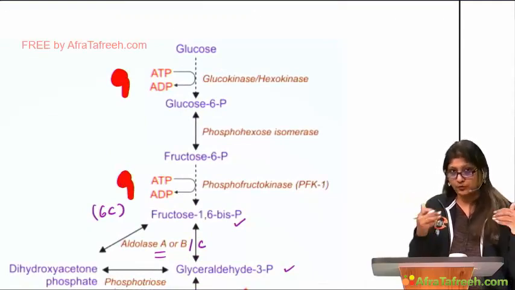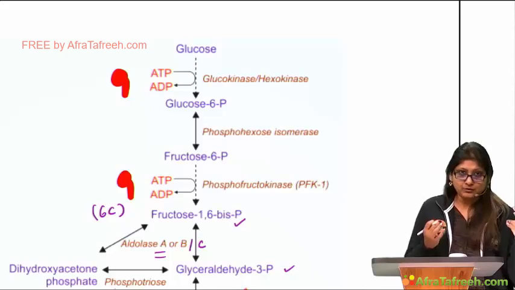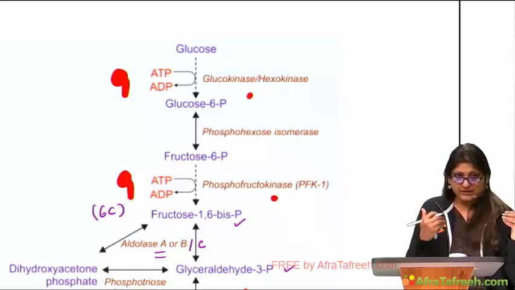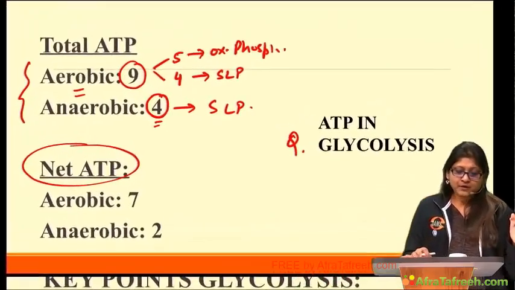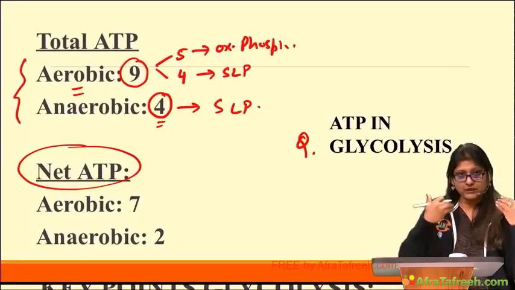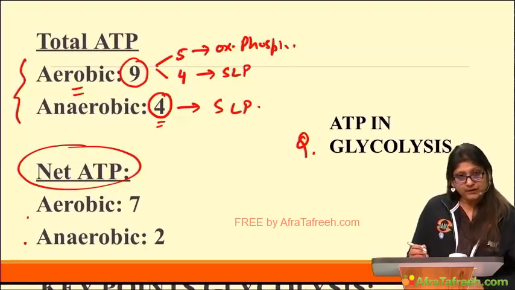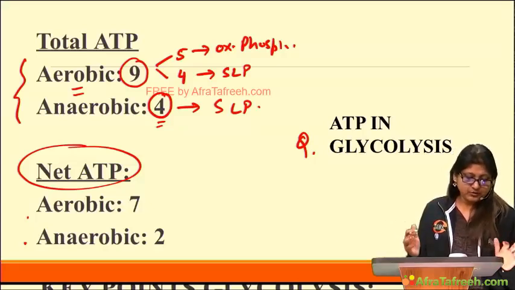So you must know where the ATP is utilized. It is glucokinase or hexokinase, and number 2, it is the phosphofructokinase 1 step. So 1 ATP is utilized at each of these steps. So whenever we are calculating the ATP number, from the total number we have to deduct 2 ATP, whether it is aerobic or anaerobic. So total ATP in aerobic is 9 and net is 7, anaerobic it is 4 and net is 2. All right, very good.